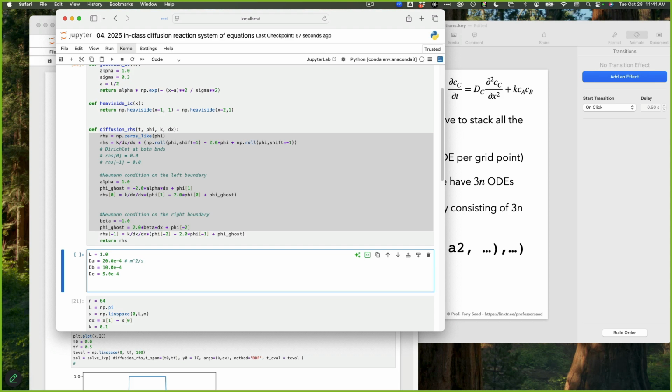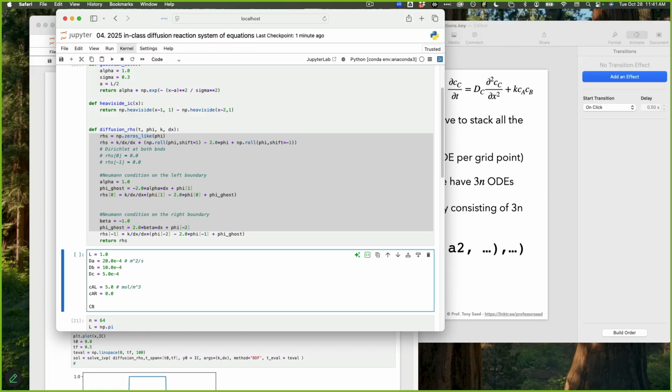For the boundary conditions, the concentration of A on the left is equal to 5, so that would be moles per cubic meter, again stuff per unit volume. The concentration of A on the right is going to be 0.0.